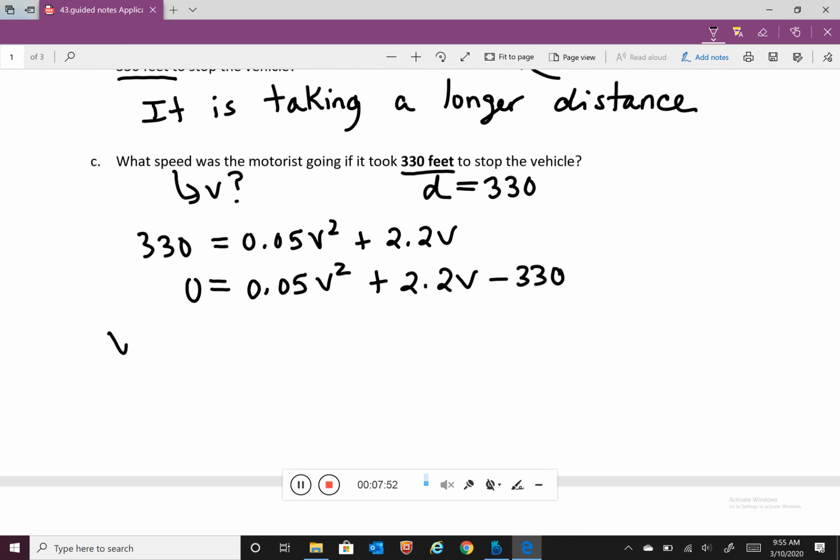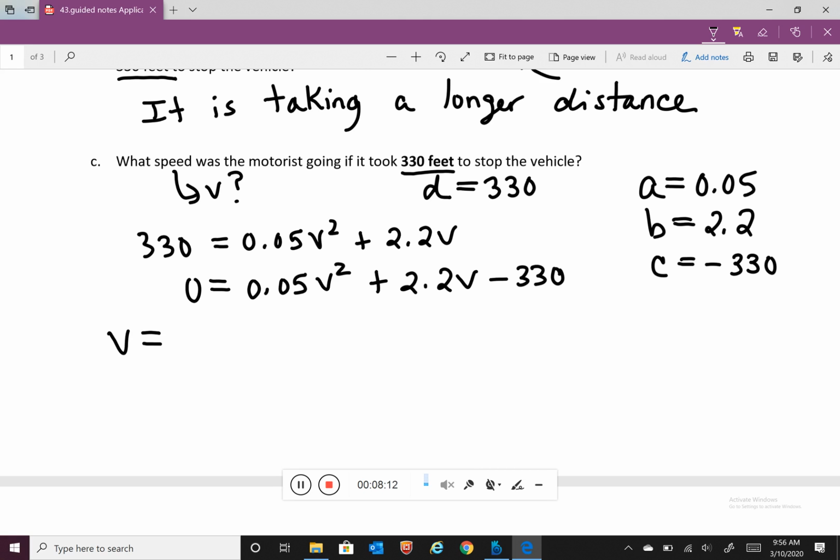So v is equal to negative b. Well, let's take a moment. A is equal to 0.05. B is equal to 2.2. C is equal to negative 330. So let's start again.